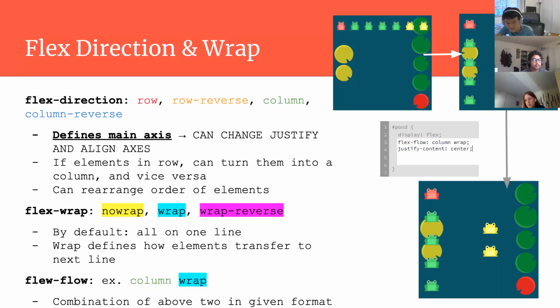So for example, if you say no wrap, that's kind of self-explanatory. It's basically saying don't do anything if you run out of space, just bunch everything on the same line. Wrap, on the other hand, says if you run out of space, whatever is remaining, put it onto the next line. Wrap does it from top to bottom, wrap reverse from bottom to top.